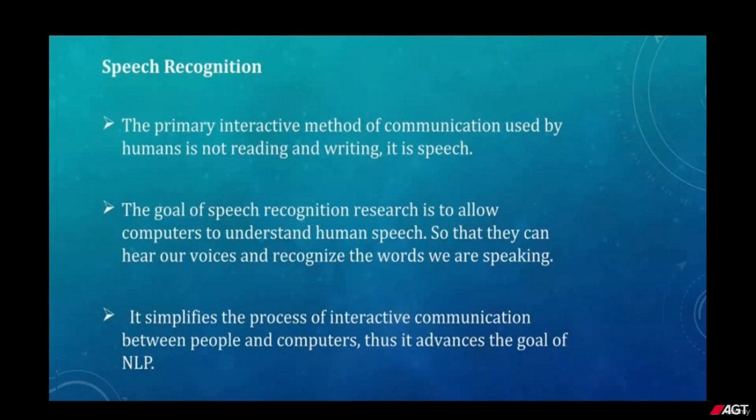Speech recognition. The primary interactive method of communication used by humans is not reading and writing, it is speech. The goal of speech recognition is to allow the computer to understand human speech so it can hear your voice and recognize the words we are speaking.